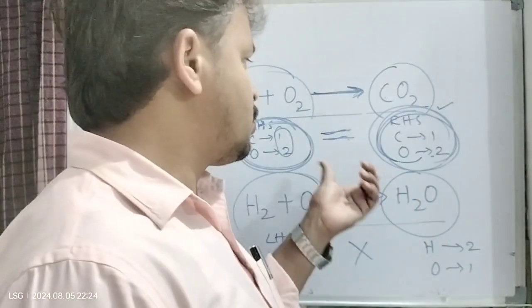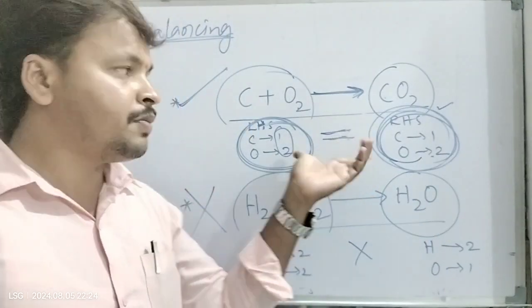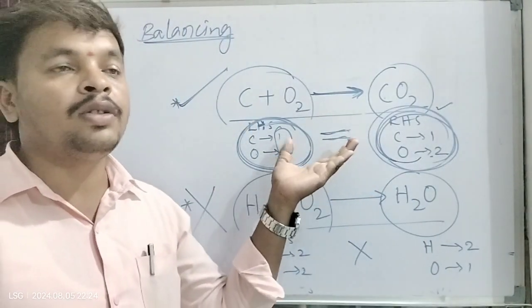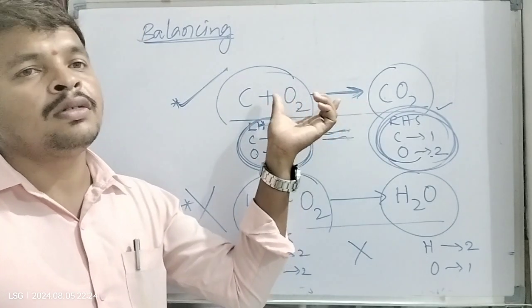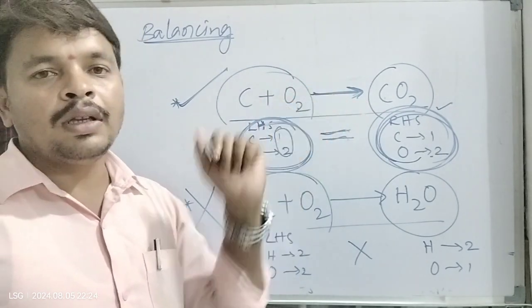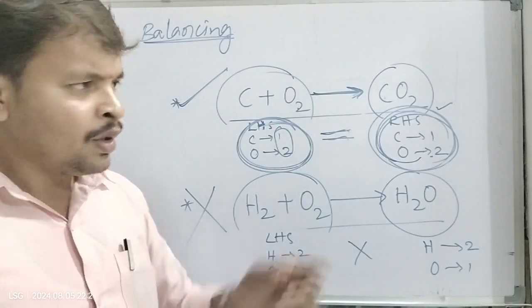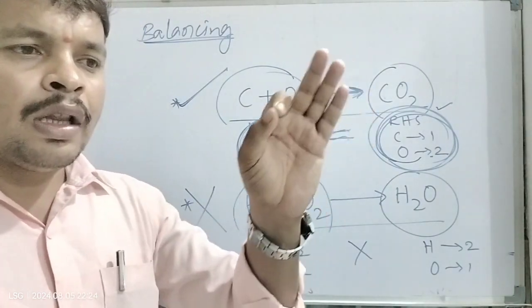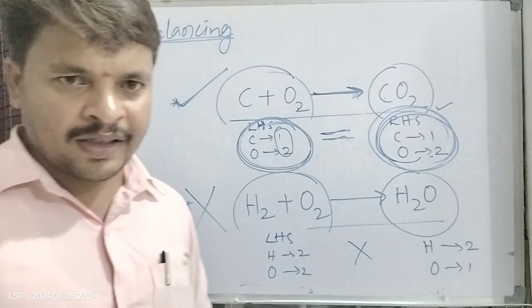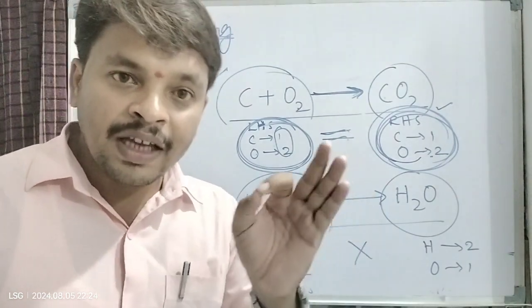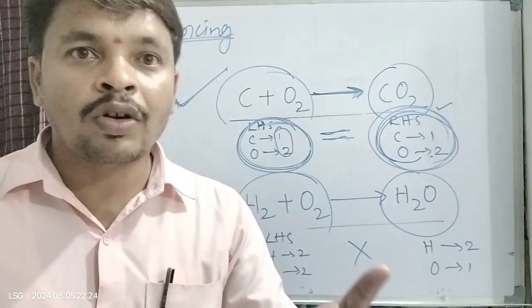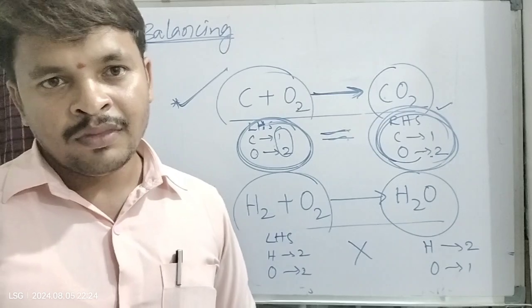One more thing we should understand, because this question is asked many times: why do we need to balance the equation in chemistry? According to the law of conservation of mass, mass is neither created nor destroyed during a chemical reaction.